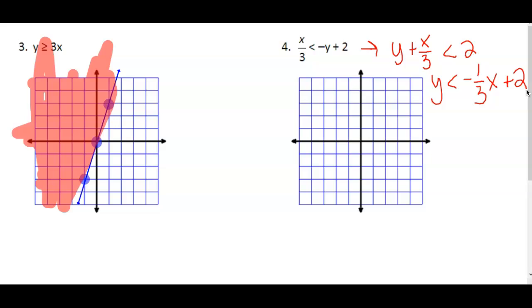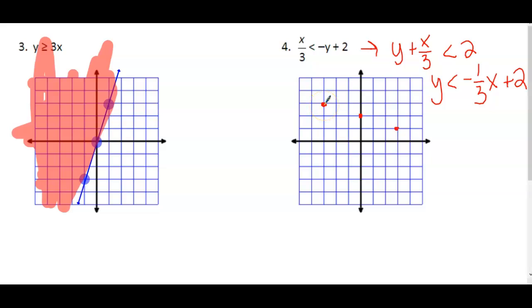What's my y-intercept? 2. And then what is my slope? So you go down 1 and over 3, or up 1 and left 3.